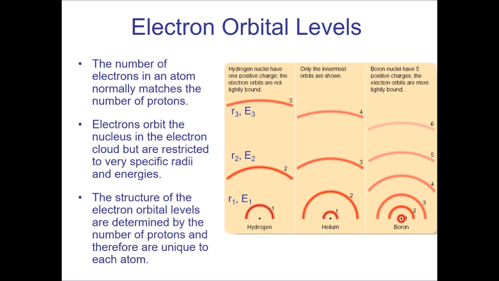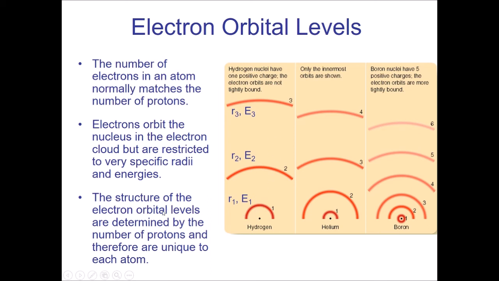So, for hydrogen, it has that 1 electron, and the electron can, to some extent, be in whatever level it wants to. It wants to be as close as possible to the proton because it's attracted to it, so it's going to hang out in level 1 down here, which is what we call the ground state. But it can move to other levels.